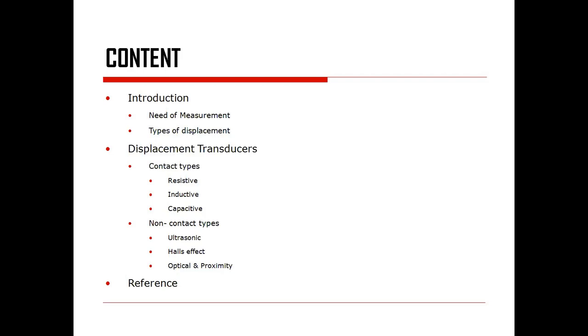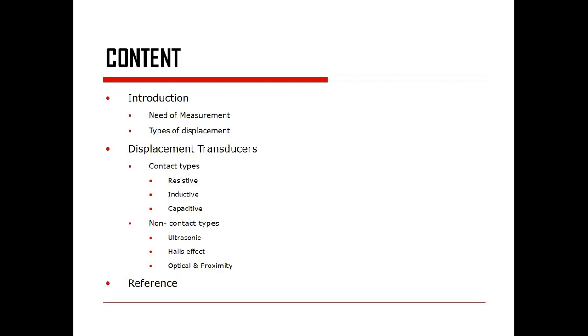Distance is the length of the path traveled, and displacement is the shortest distance from the initial point to the final point. This can again be bifurcated, or at the primary level we can say, into uniform and non-uniform motion to achieve your distance or displacement.